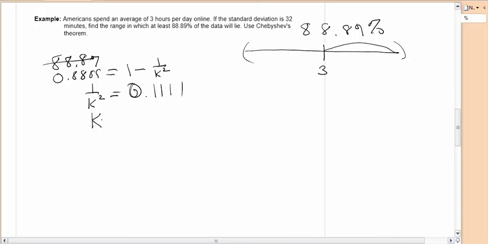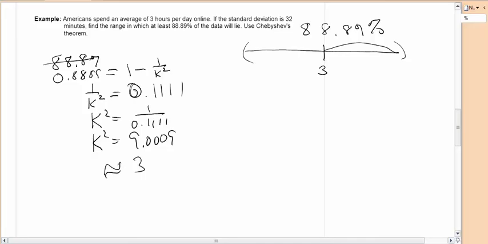Flipping, k squared is equal to 1 over 0.1111. So when I flip that, I get something like 9.0009, taking the square root, and I get this is approximately equal to 3.